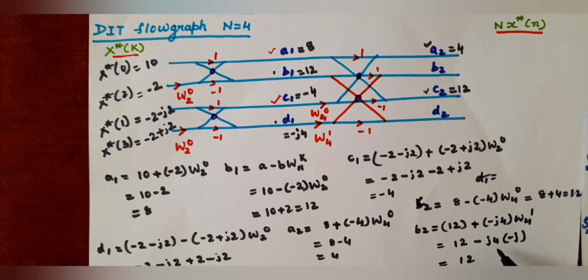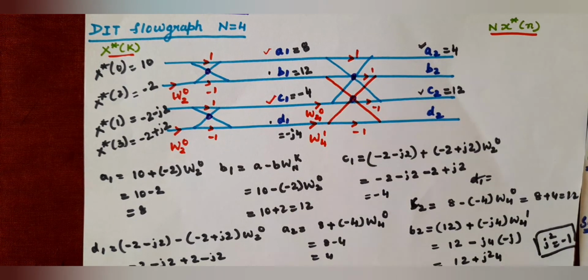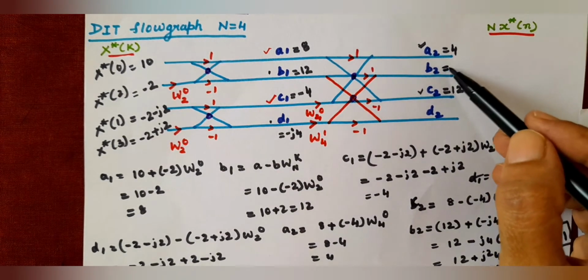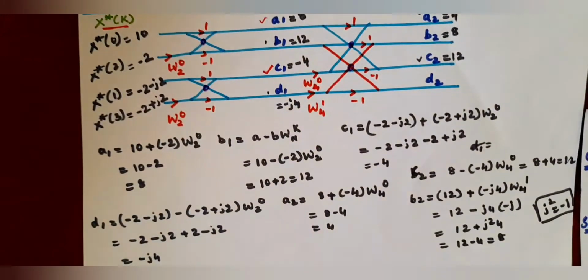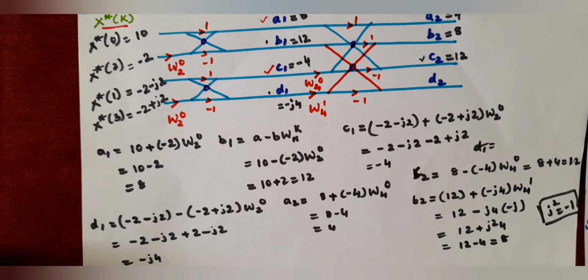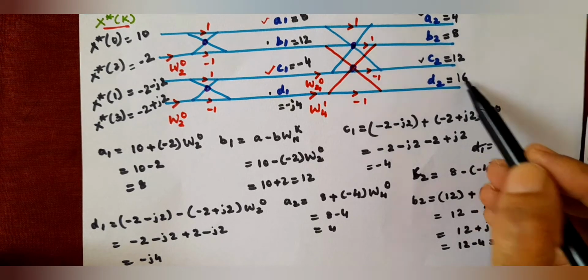Minus minus plus. Plus J square 4. What is J square? It's equal to minus 1. So it's coming as 12 minus 4 is equal to 8. So B2 is coming to be as 8. Okay. And then you can similarly compute D2. So D2 is coming to be as 16.